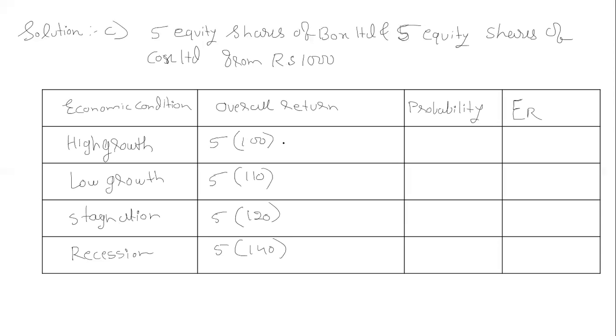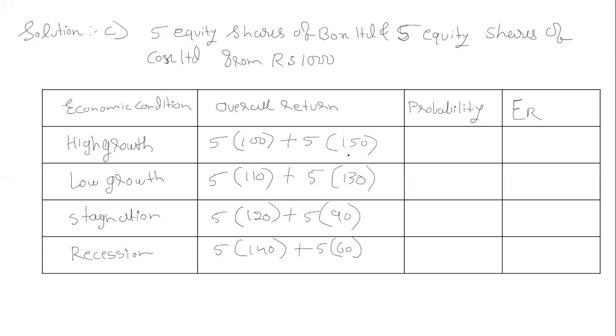Okay, now plus we are investing in both the shares, so 5 equity of Box and 5 equity of Cox. So 5 into 150, 5 into 130, okay, 5 into 90, and 5 into 60.